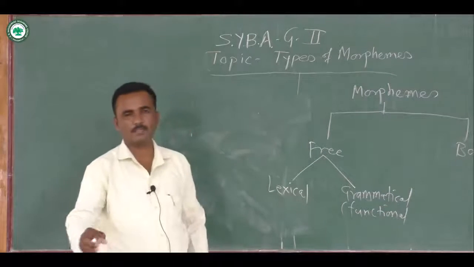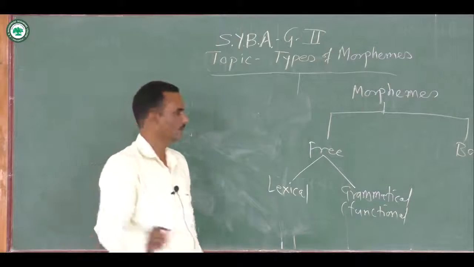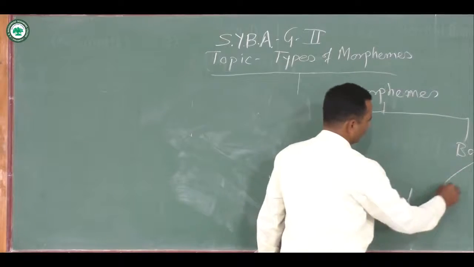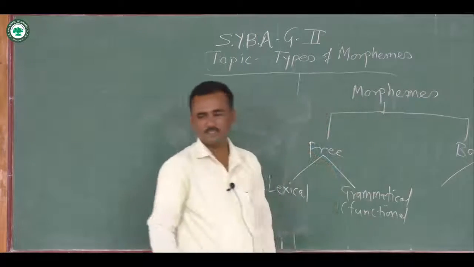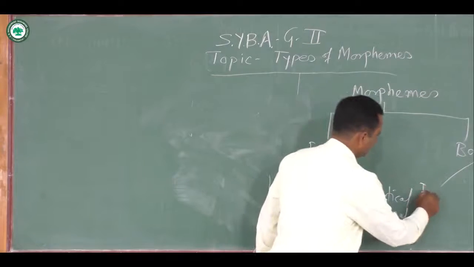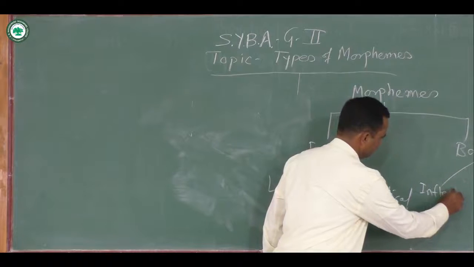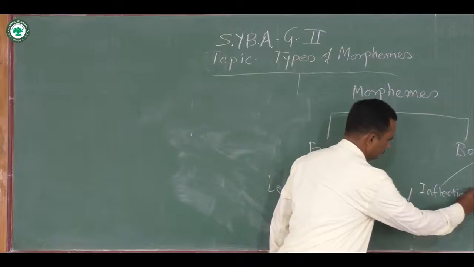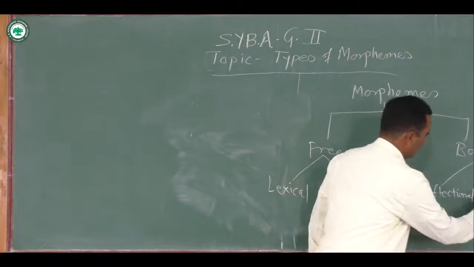And bound morpheme also has two categories. There are two types of bound morphemes. First one is inflectional and second one is derivational.